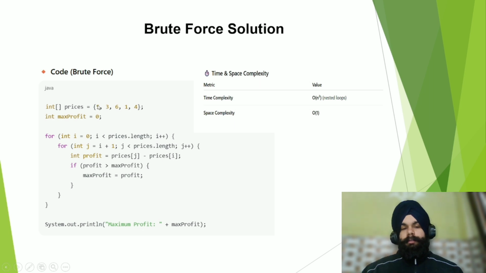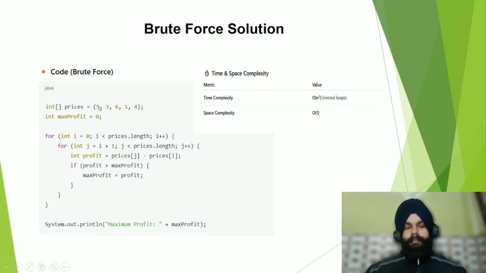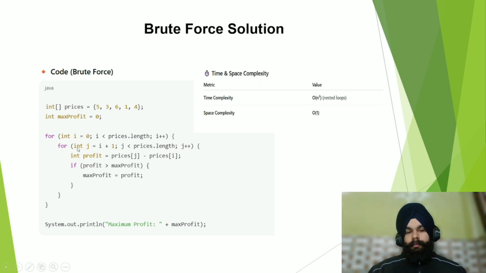Let's suppose it is taking the first element, which has price 5, and we have an inner loop for the next element, declaring j as i plus one.